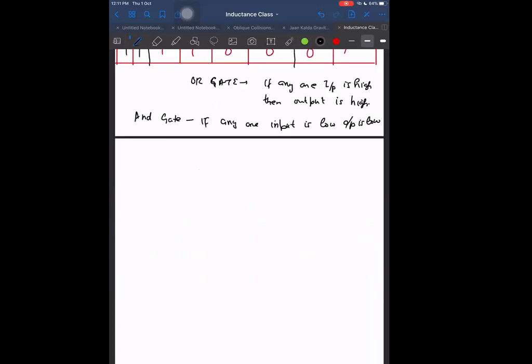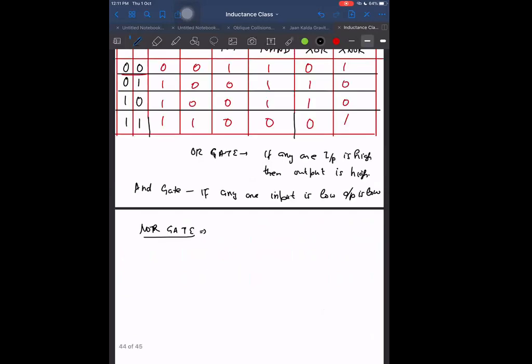How to define NOR gate? Opposite of this. Can you define NOR gate now? If any one input is high, then output is low.